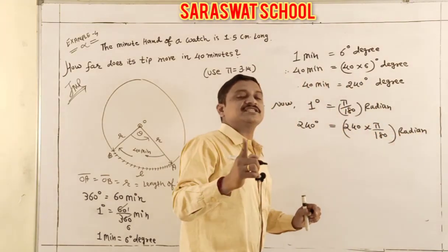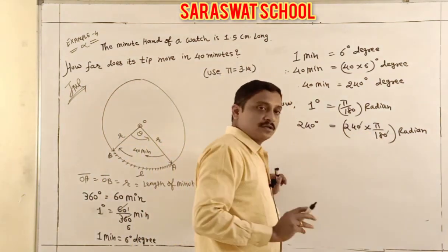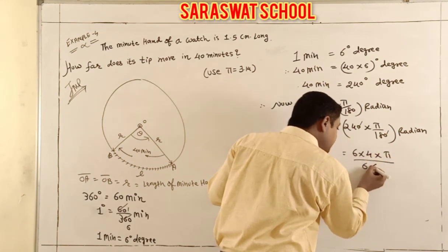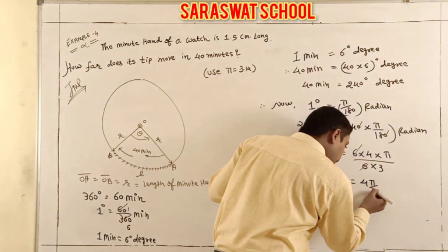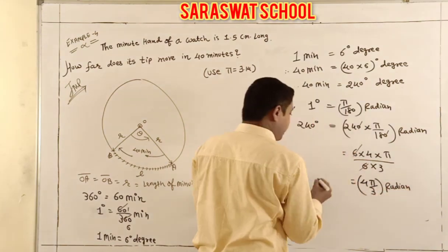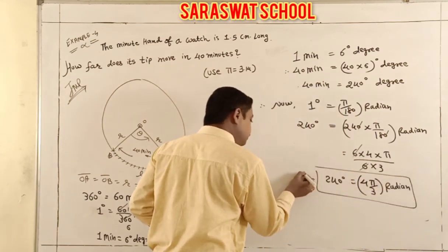You necessarily translate into radian form. Now this 0 and 0 cancel. Other are 6 4s are, here 6 3s are, 6 is gone. My answer is 4 pi by 3 radian, the measure we get for 240 degree. And that is our theta.